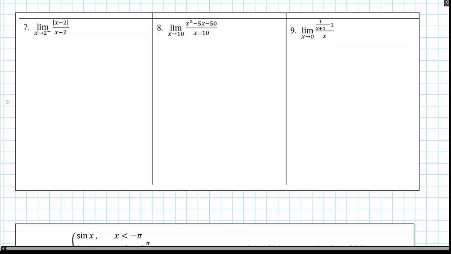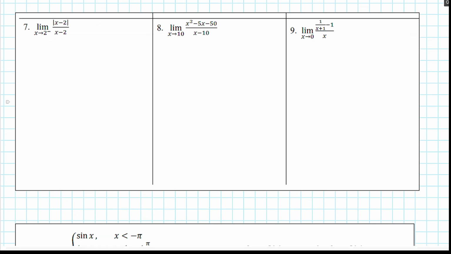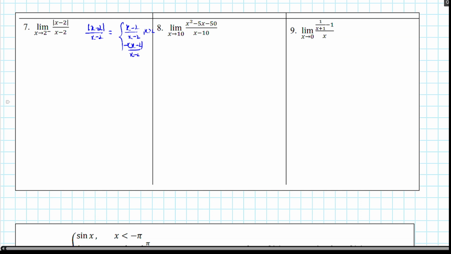Now let's move to the next problem. We have to find the limit as x approaches 2 from the left side. What is this value? You know the absolute value of x minus 2 over x minus 2 is equal to x minus 2 over x minus 2 when x is greater than 2, and negative x minus 2 over x minus 2 when x is less than 2.